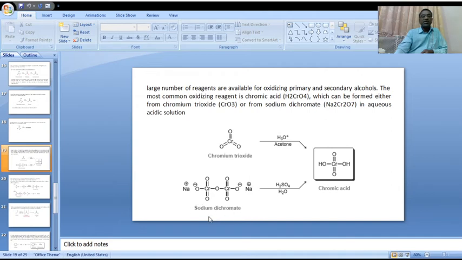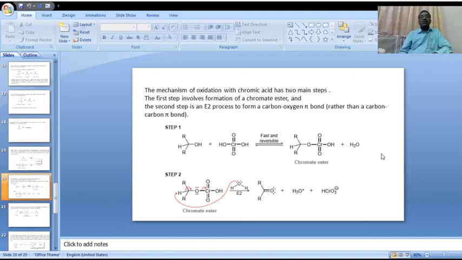Sodium dichromate in aqueous acidic condition also forms chromic acid. This is the formation of the chromic acid oxidizing reagent. How the oxidation process proceeds, and in what way this particular oxidizing agent is involved, we will discuss now.